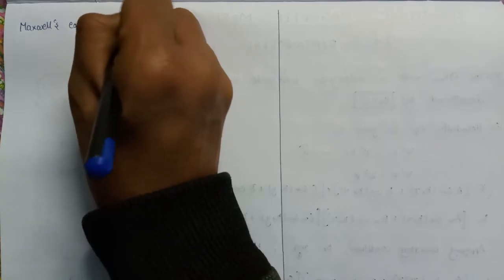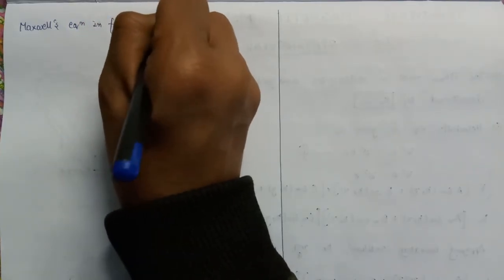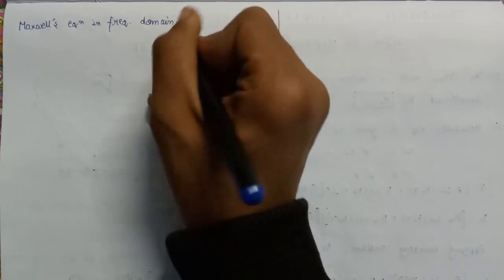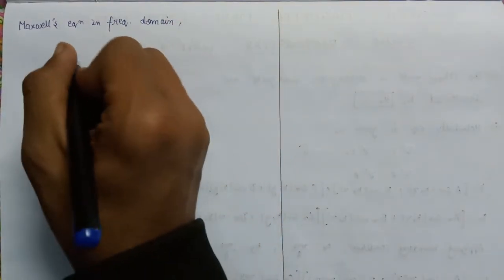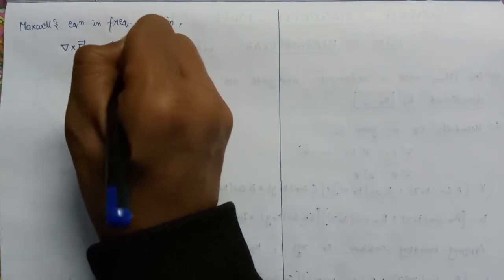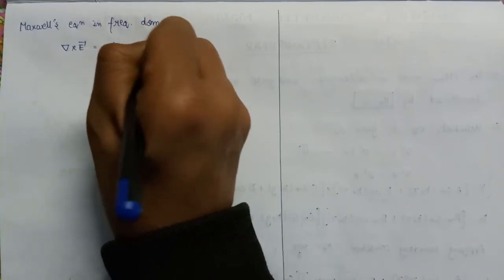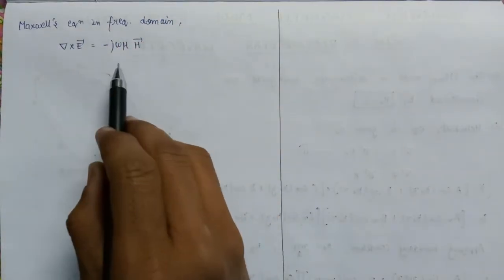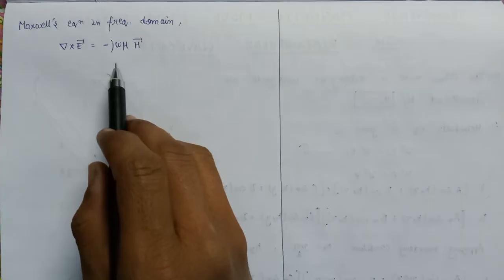Now let us have a look at Maxwell's equation in frequency domain. Maxwell's equation in frequency domain for electric field is given as del cross E equals minus j omega mu into H. This is the condition for lossless dielectric.